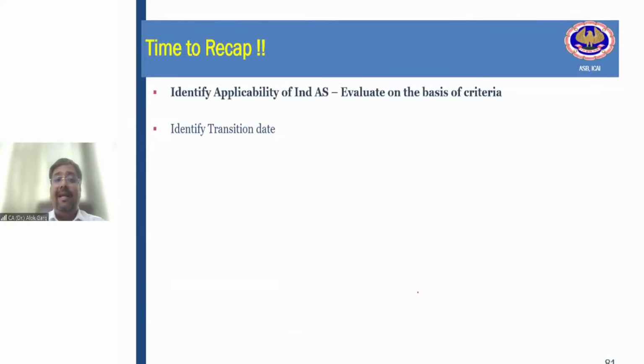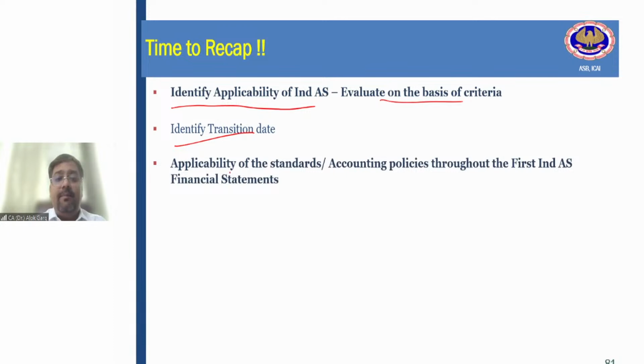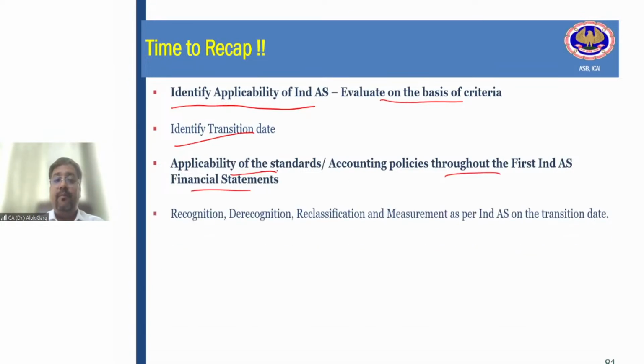Now it's time to recap. In an Ind AS implementation assignment, identify the applicability of Ind AS, evaluating on the basis of the net worth criteria. Identify the transition date, because Ind AS 101 is largely applicable on the transition date. This is the first date from where the Ind AS journey will start. Then the applicability of standards on the reporting date: whatever standards are applicable have to be applied throughout the first Ind AS financial statement, right?